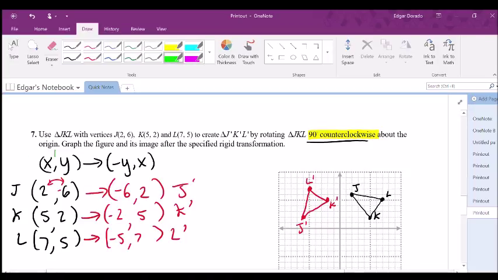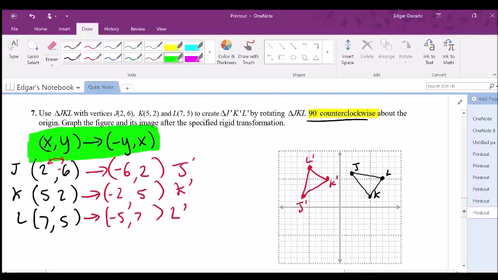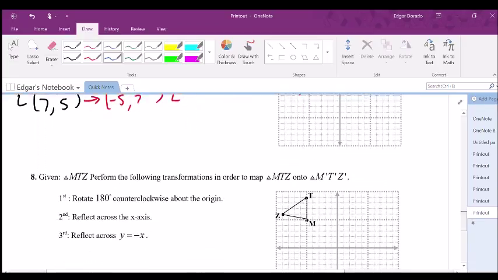This is what helps you determine all of those new coordinates, guys. You have to make sure you know this. Any rotations, and actually for any sort of transformations, really, you're going to need to know what that specific rule is. And this is the rule for 90 degrees counterclockwise. Alright? Okay, that one was fairly simple.